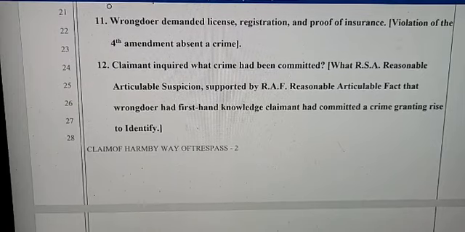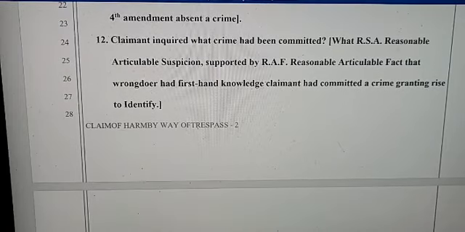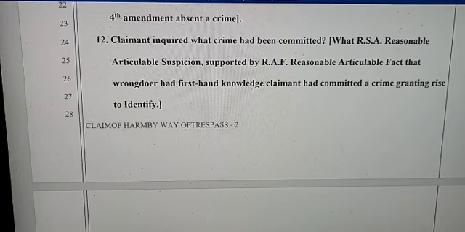So that's number 11. Number 12, and again, I just drew this up in my head based upon some of the experiences I've had and what I see out there, all right? Number 12, claimant inquired, okay, remember claimant is the American badass, hereinafter claimant, asked a question, what crime had been committed?